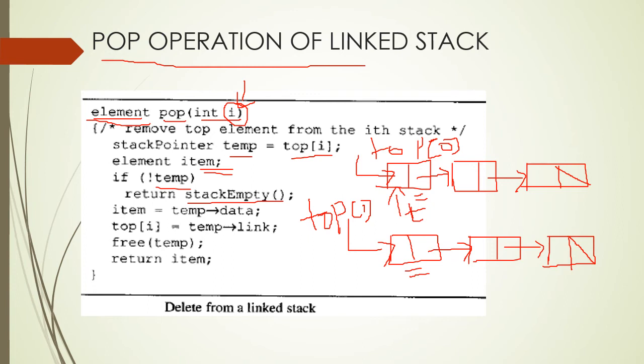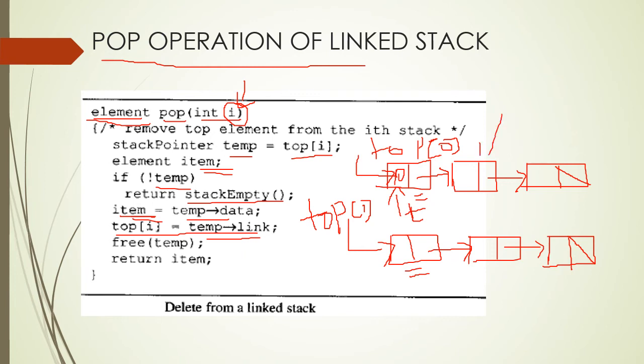Now item is equal to temp of data. Let us assume that the element of this is 10. So item becomes 10 now. Temp of data means the data field of this node, which is equal to 10. Item receives the 10. Then after deleting, the next node becomes the top node. Therefore you have to change the pointer: top of I is equal to temp of link.